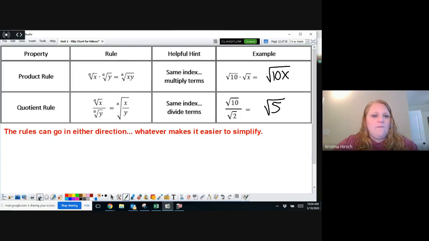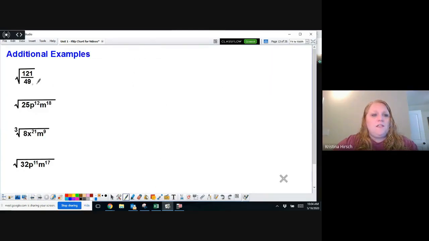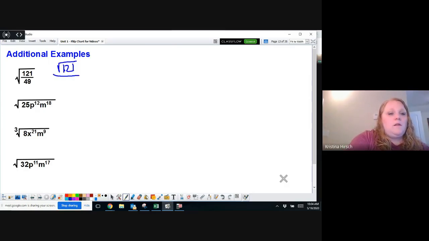All right. So an example of that would be this first example. It's already kind of pushed together, right? But it may actually be easier to break it apart because the square root of 121 over the square root of 49 is easier to simplify. What is the square root of 121? 11. What is the square root of 49? 7.